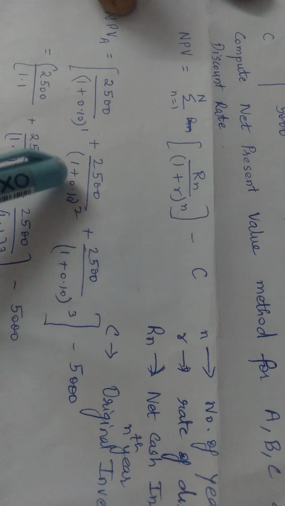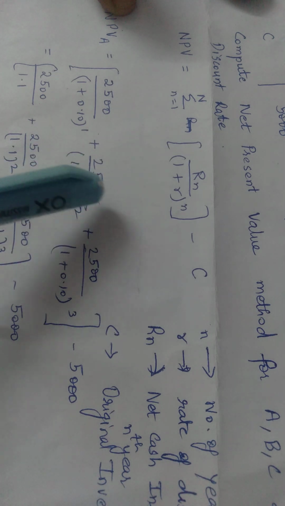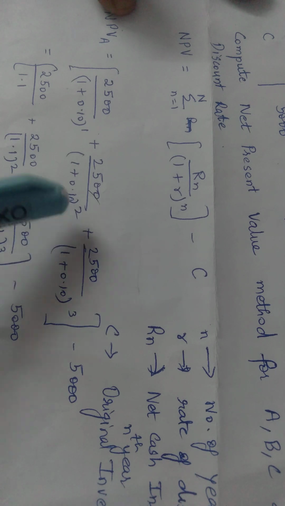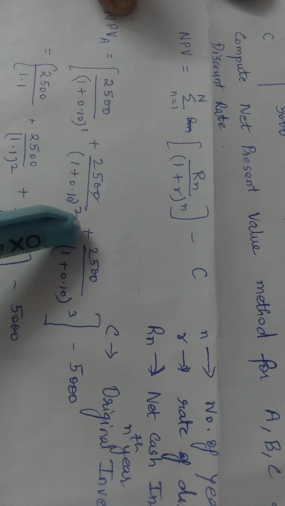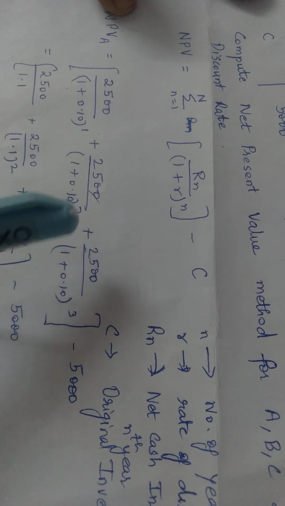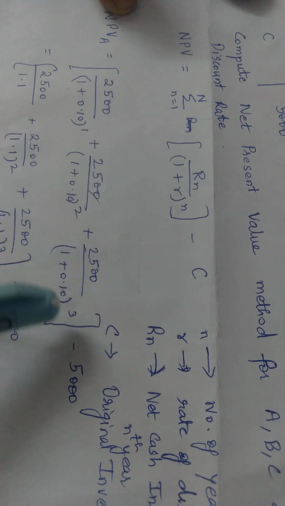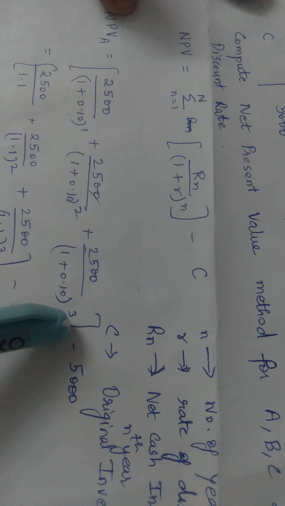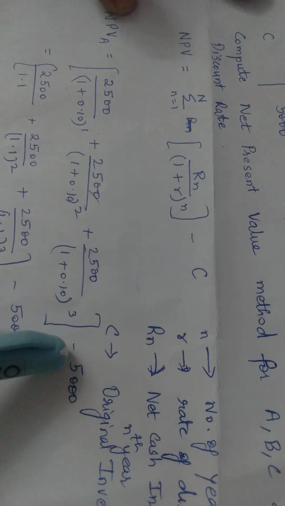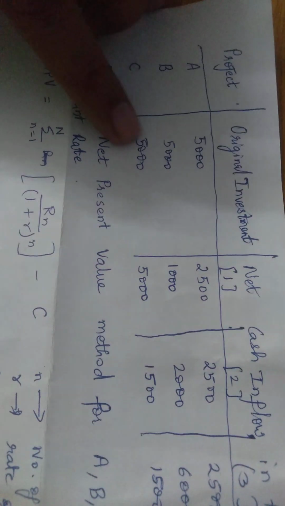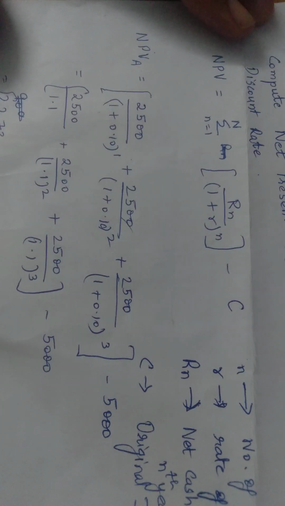And then for the second year, the substitution will be exactly the same, 2500 upon 1 plus 0.10, but it will be raised to 2 because it will be for the second year. For the third year, the same substitutions, only the number of years will be replaced by 3, minus the original investment, which is 5,000. You can see in this table that the original investment is given as 5,000.